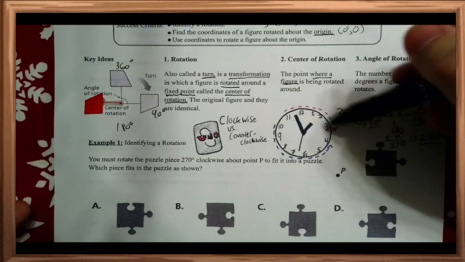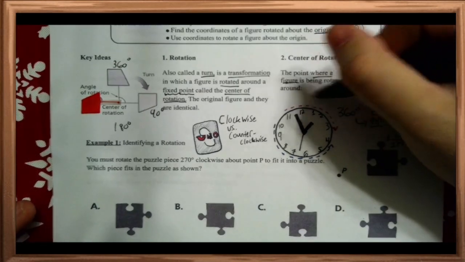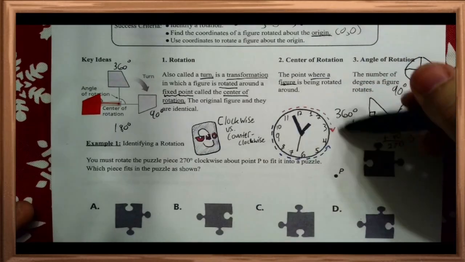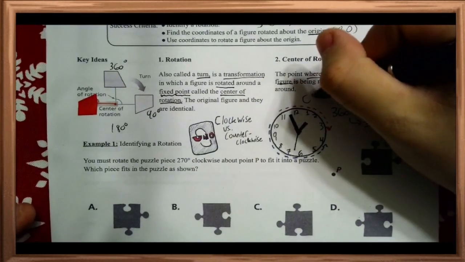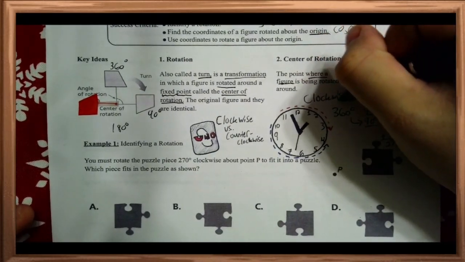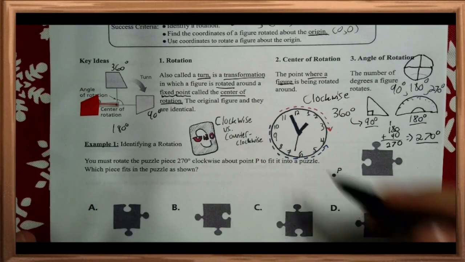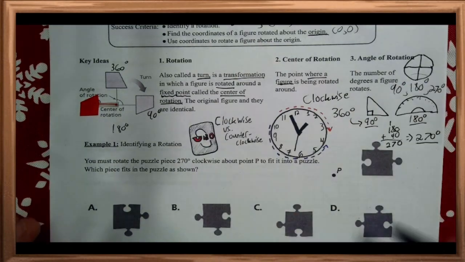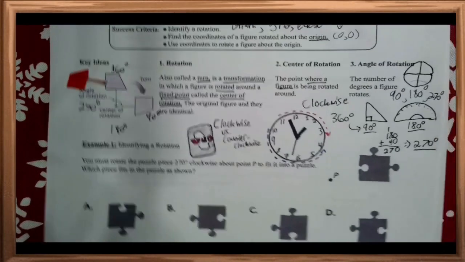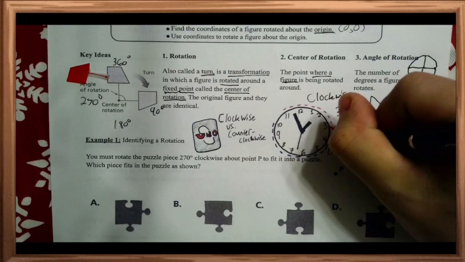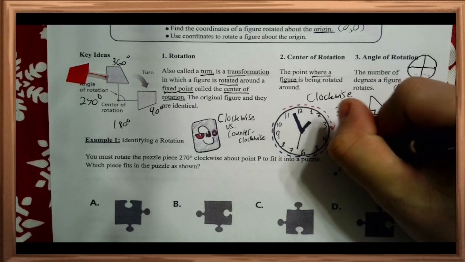When the clock moves, going around towards the right, that's clockwise. And if I'm going the opposite direction, more towards the left, that's counterclockwise.